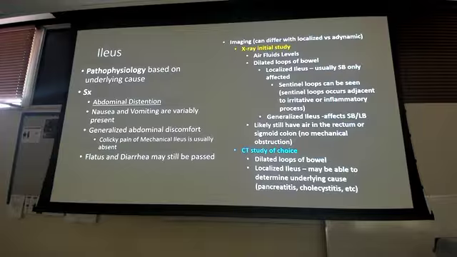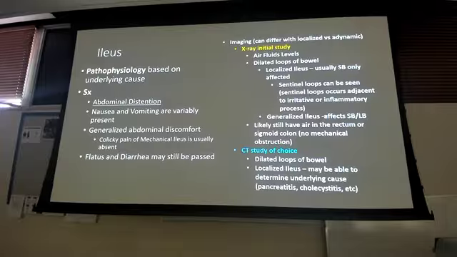It's not squeezing anymore at all. Okay? Nothing's gonna get through that area because it's not squeezing anymore. So nausea and vomiting, sometimes they're present, sometimes they're not. You're gonna have abdominal discomfort, but flatus and diarrhea may still be passing. I'm still passing stool, I'm still passing gas for an ileus, whereas with an obstruction, I'm likely not.